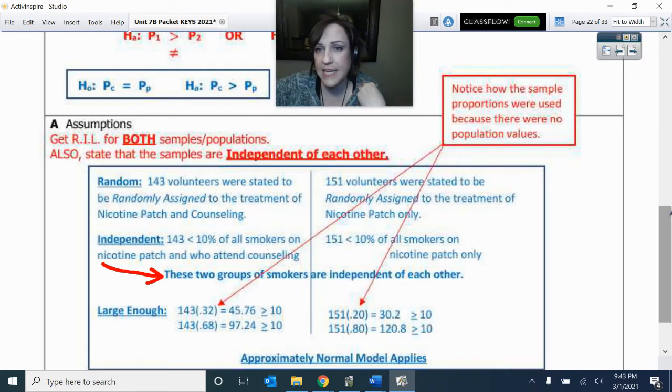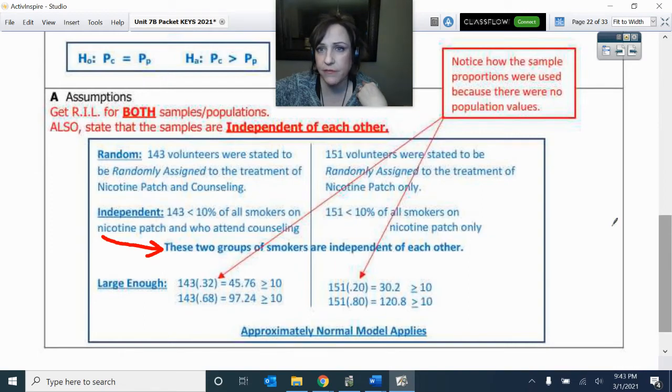All right. Now here comes our large enough. Notice how the sample proportions were used because we didn't have a population proportion. They said 32% of the 143, and that's the successes, greater than or equal to 10. And then here are the failures, greater than or equal to 10.